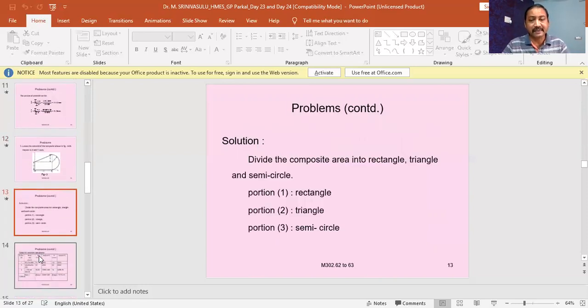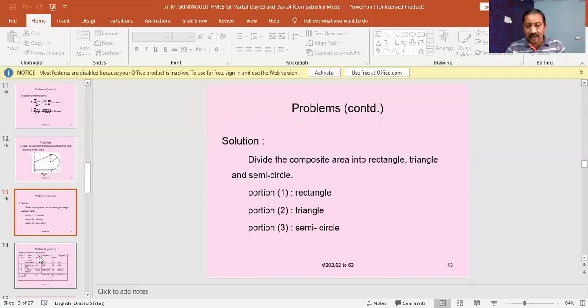Now coming to the solution, the given figure is a combination of rectangle, triangle and semicircle.